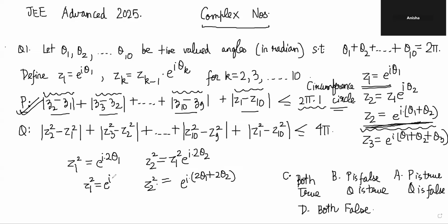Z1 square is this, Z2 square is this. Yes, sir. Now the angles are doubled between them, right? These are also points on the same circle, but they are at double the positions of theta 1 and theta 2 and all, right? Yes, sir.